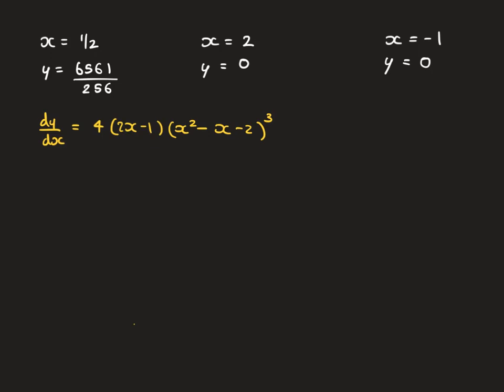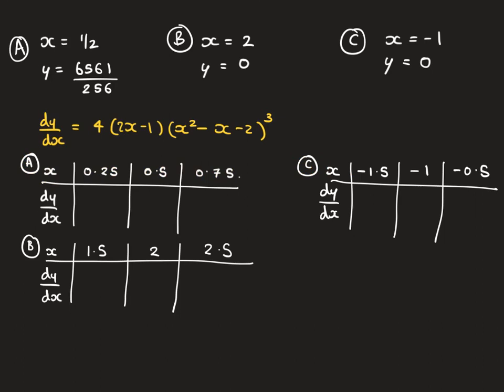So what we're going to do is evaluate the value of dy by dx at either side of each of these x values. So as you will know, I like to set this up in neat tables. We know that dy by dx equals 0 at each of these 3 points. What we don't know is the value of the gradient at either side of these 3 points. And what we can do is substitute into this result here.